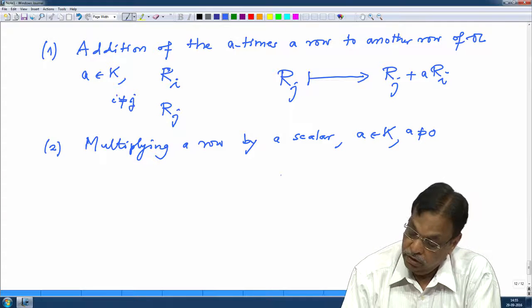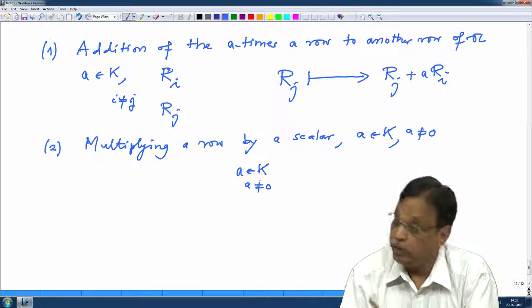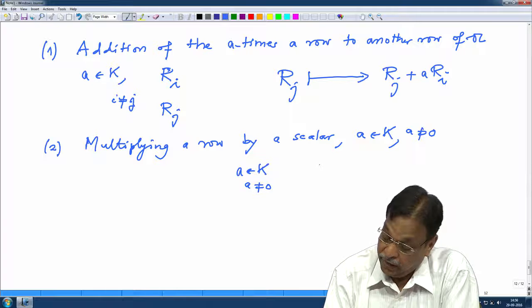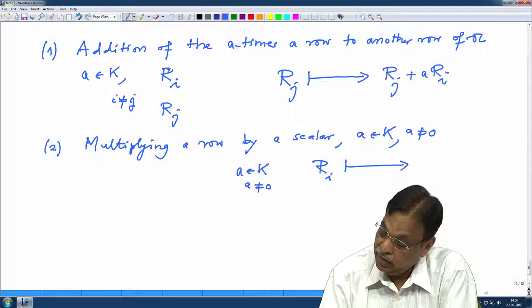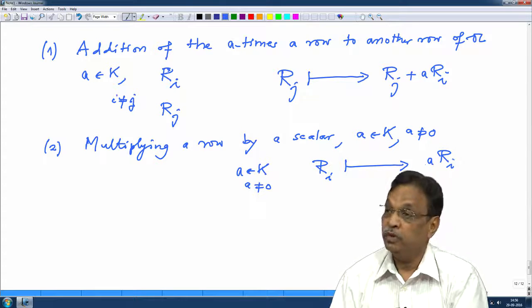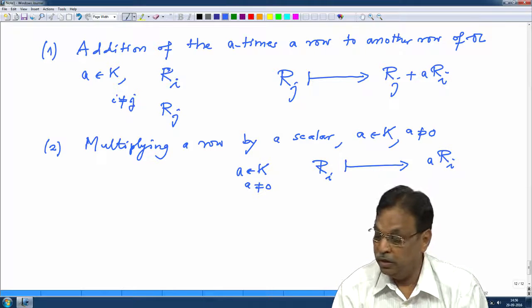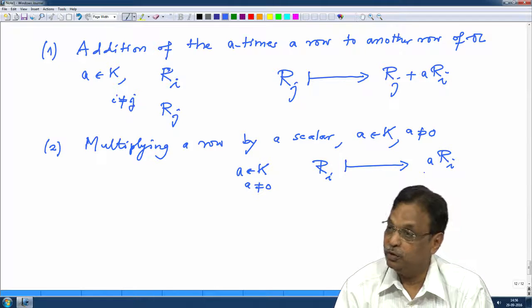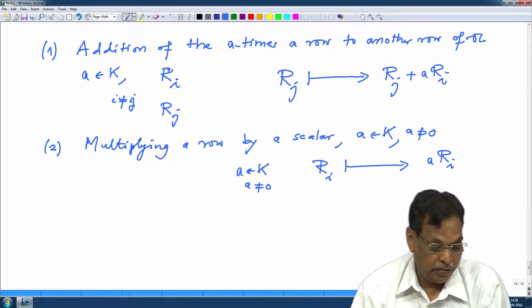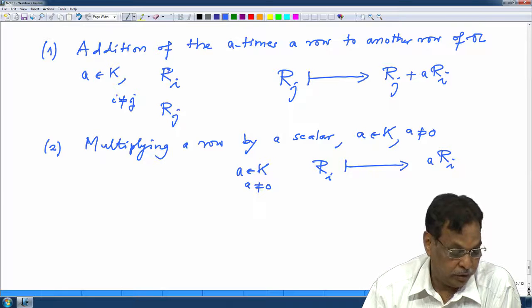In notation, that means we have a scalar a, non-zero is very important, the field is also very important, and the ith row is now replaced by a times the ith row. So the new matrix will have only the ith row changed, and that will be a scalar multiple of the ith row. So this is also clear that the row space is not changing. So A and A prime will have the same row space.